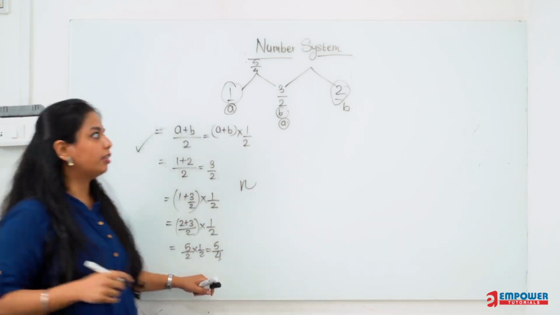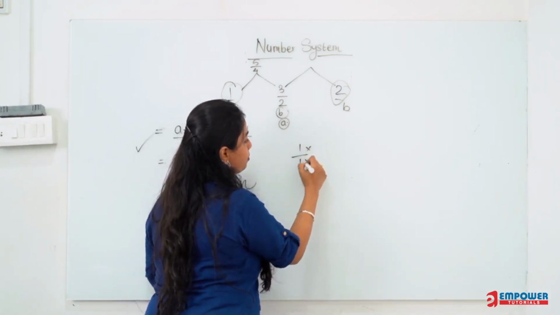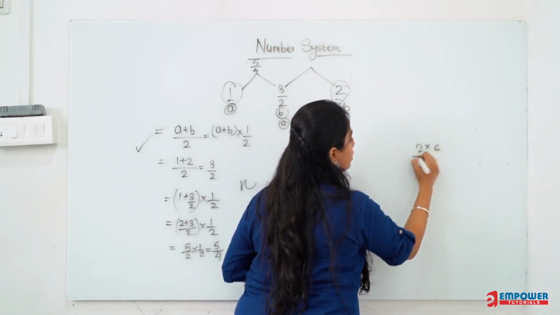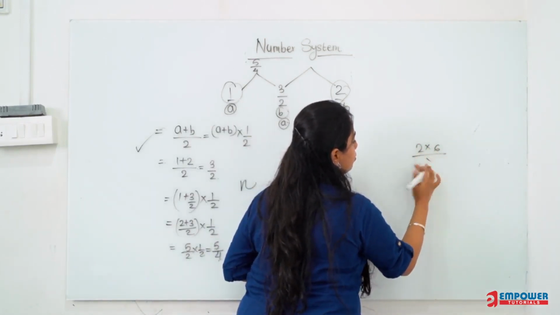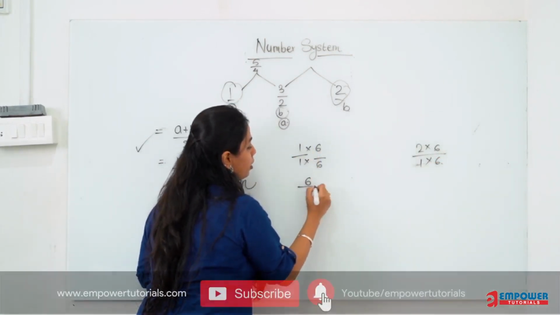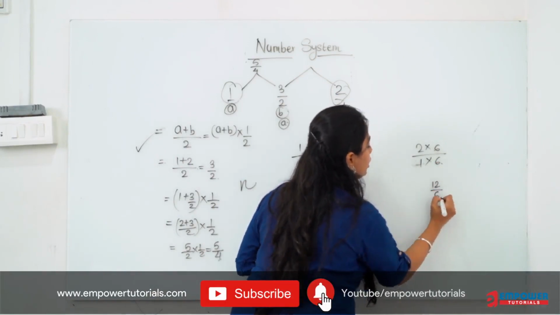Now what is the other method? Let's suppose I multiply this 1 by 6 by 6 and 2 by 6 by 6. So this will be equal to 6 upon 6, and this will be equal to 12 upon 6.